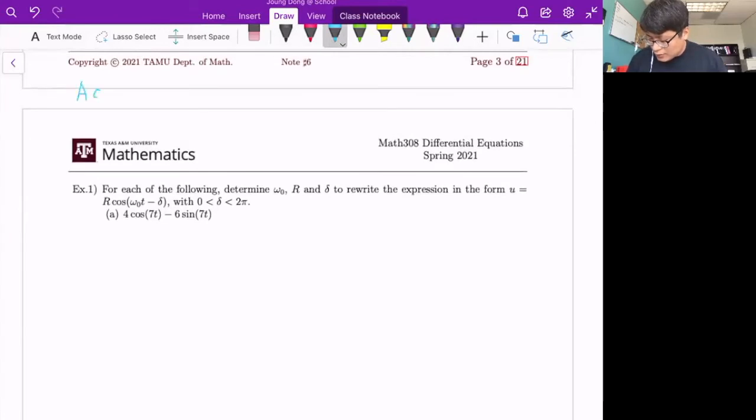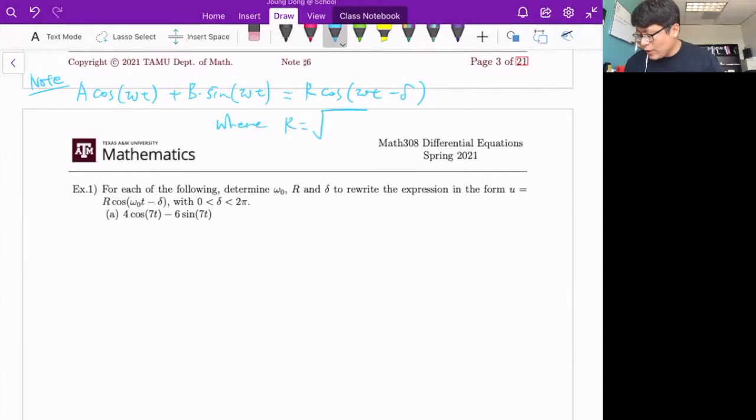If you have A cosine omega t plus B sine omega t, then we can change this to R cosine of omega t minus delta, where R is equal to square root of A squared plus B squared, and tangent delta is B over A. But also keep in mind your B came from R sine delta, and A came from R cosine delta. Okay? If you understand this, you can do everything.